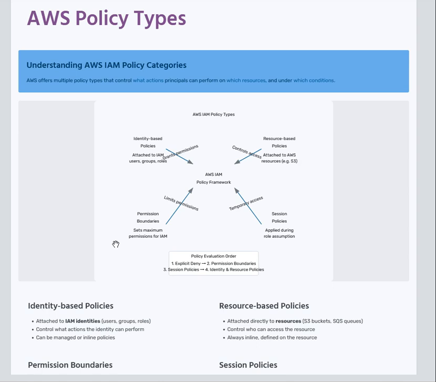AWS policy types, and we're going to discuss understanding policy categories. AWS offers multiple policy types that control what actions principals can perform on which resources and under which conditions.